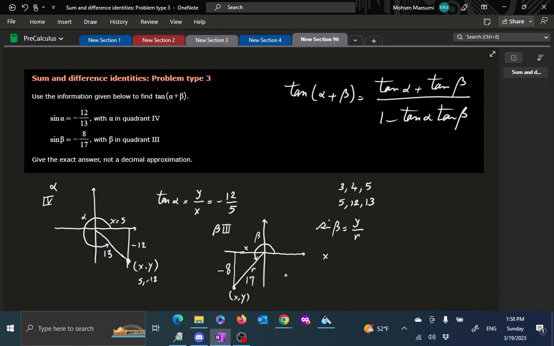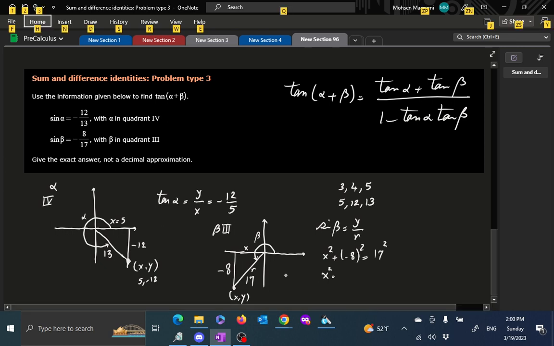We have x squared plus minus 8 squared is equal to 17 squared. So this more likely is going to come out to be one of those Pythagorean triplets I was showing you, one of those magical situations where the three sides of a right triangle turn out to be whole numbers.